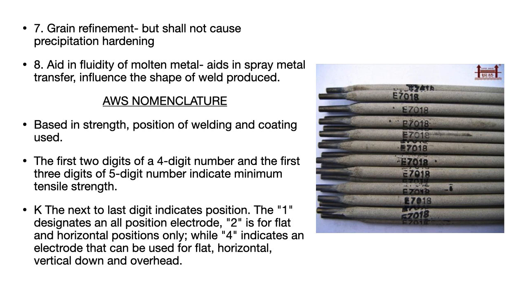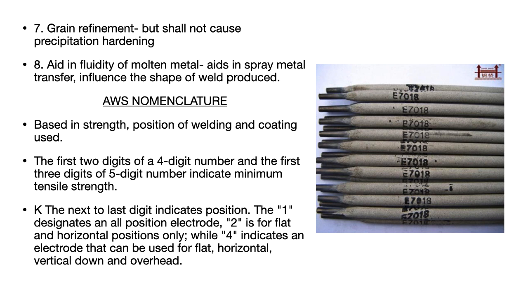Okay, and the third digit will represent the position of welding which is possible with the electrode. So 70 indicates the minimum tensile strength of the weldment which is produced.